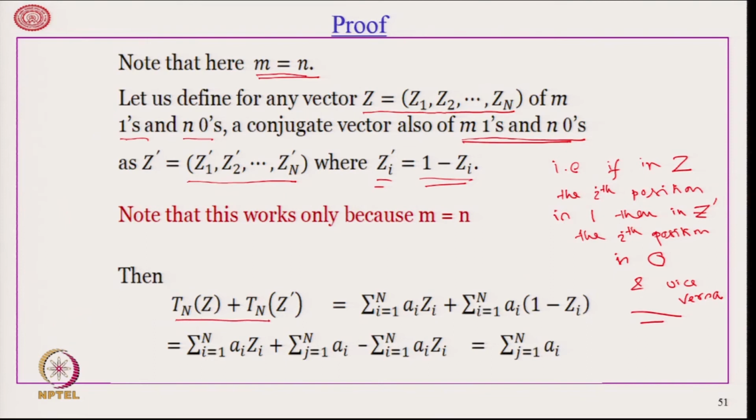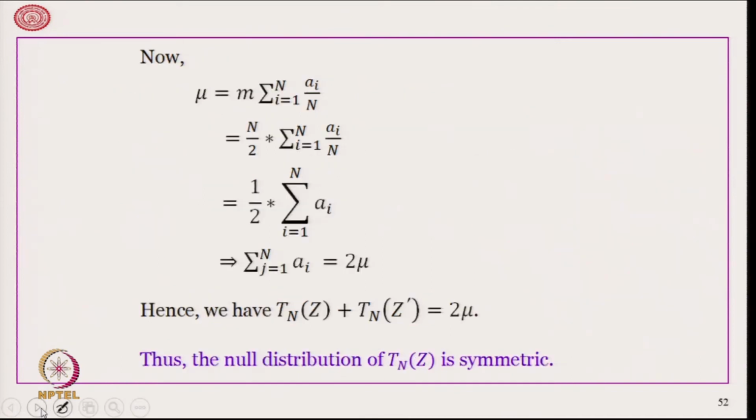Therefore, T n z plus T n z prime is equal to sigma a_i z_i plus sigma a_i into 1 minus z_i, because this is coming from z_i prime, is equal to sigma a_i z_i plus sigma a_i minus sigma a_i z_i is equal to sigma a_i, because these two cancel. Now, mu is equal to m by n sigma a_i.